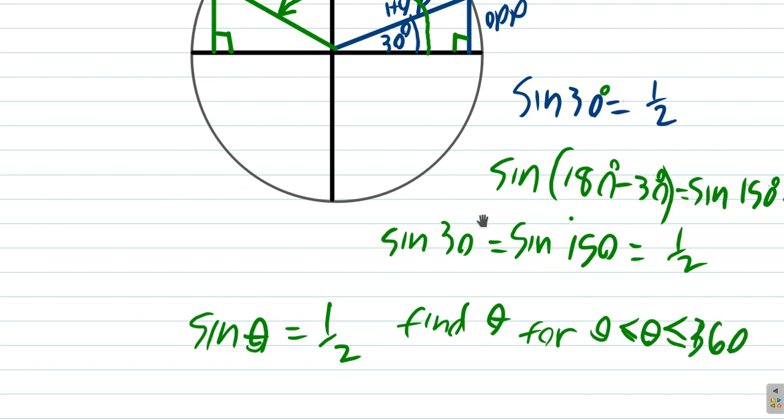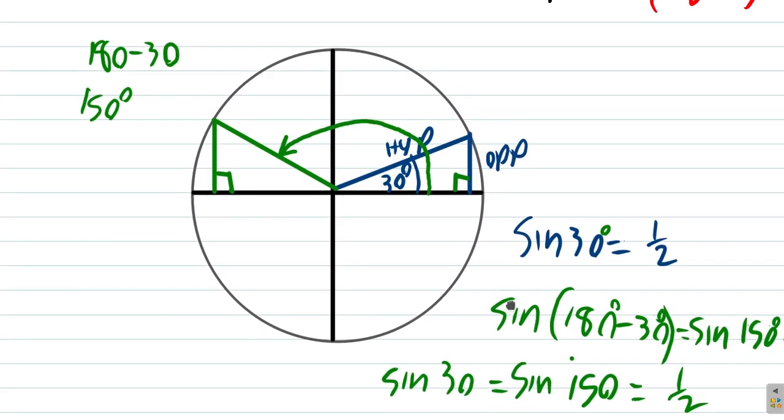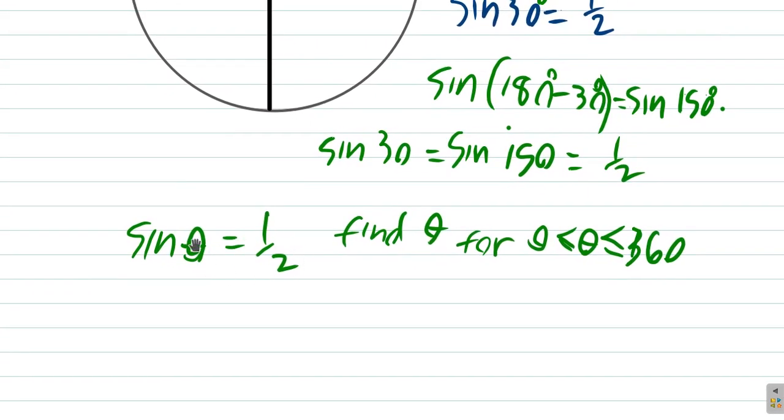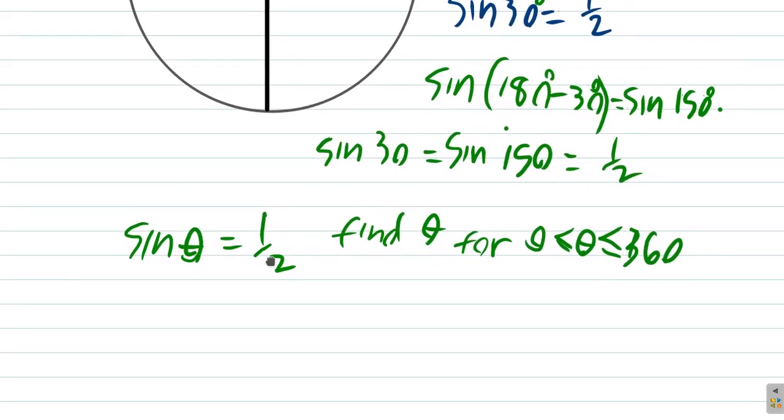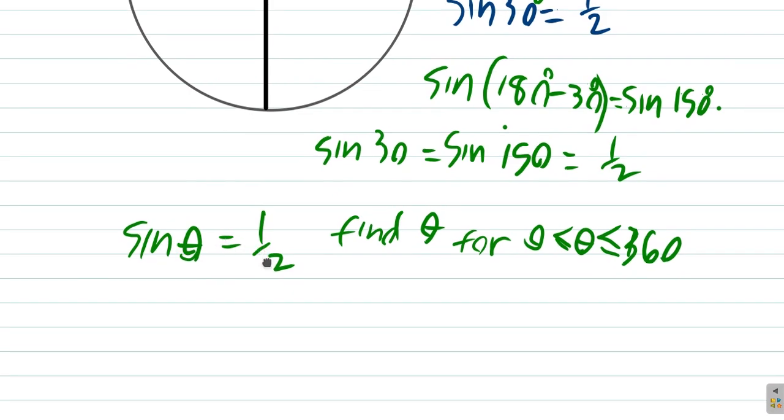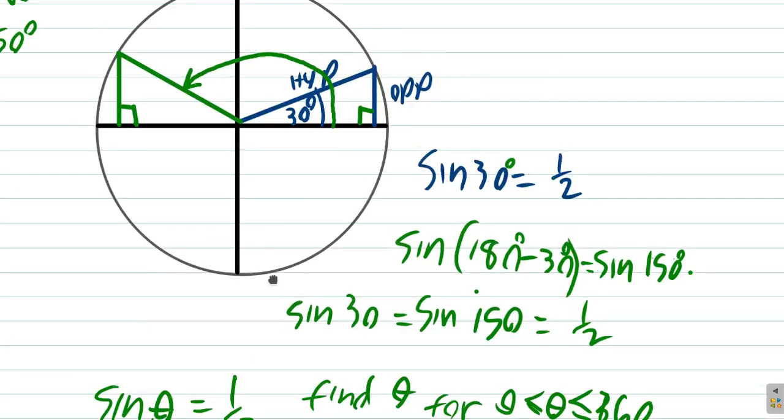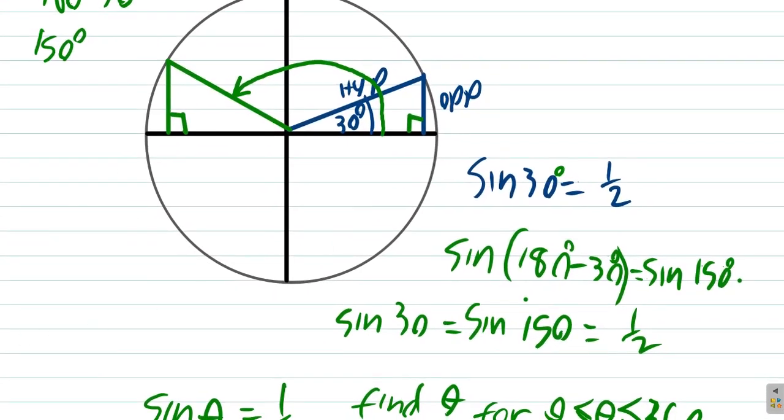That means it's somewhere between 0 and 360 degrees. We would have found two angles already, 30 and 150. So that sine 30 gives half, sine 150 gives the same half. Or you might say, suppose you do this.